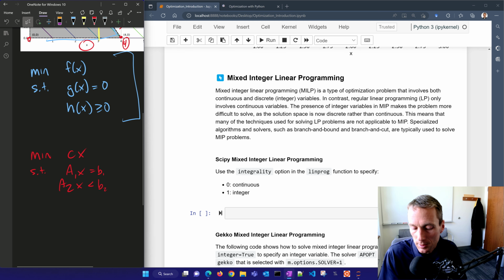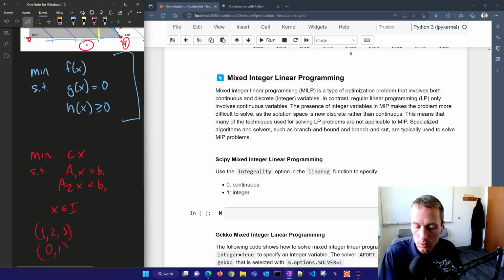But then I could say that some of my x are going to be integer values. So that would be 1, 2, 3, etc. If it's binary, then it has to be 0 or 1.